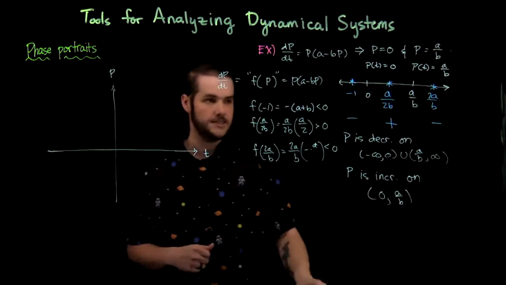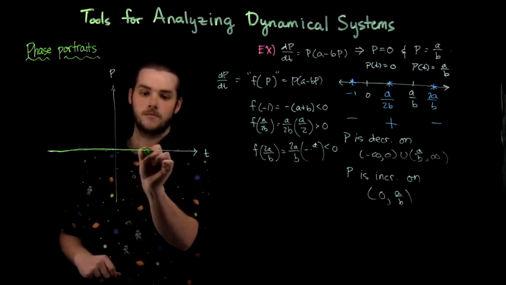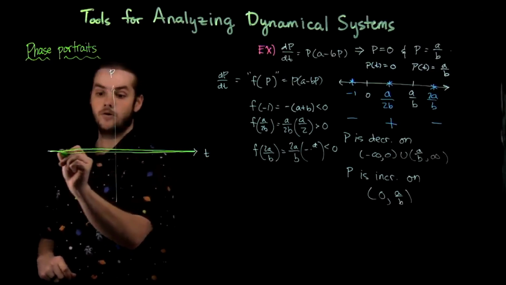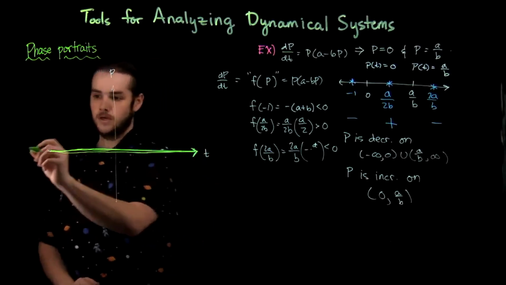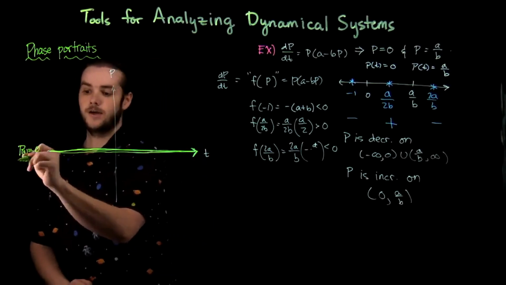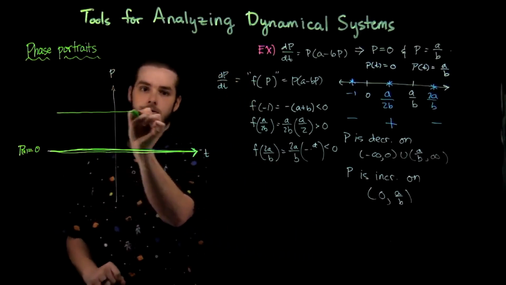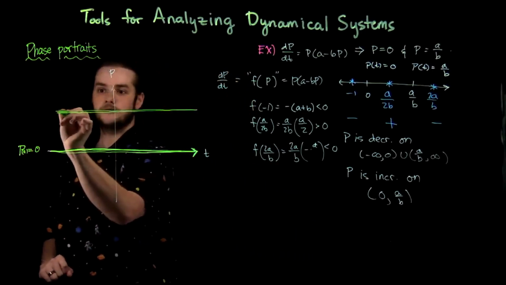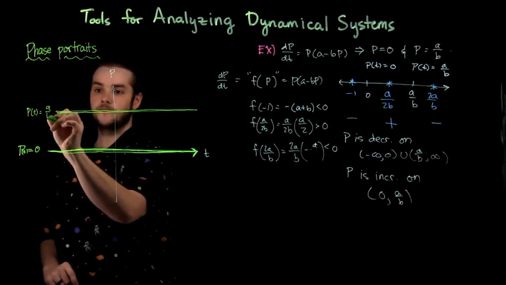So if I draw those guys in green over here, one of my equilibria, or one of my nullclines, is the t-axis. So here is p equals 0. And really that's p of t equals 0. The other is right here. Here is p of t equals a over b.